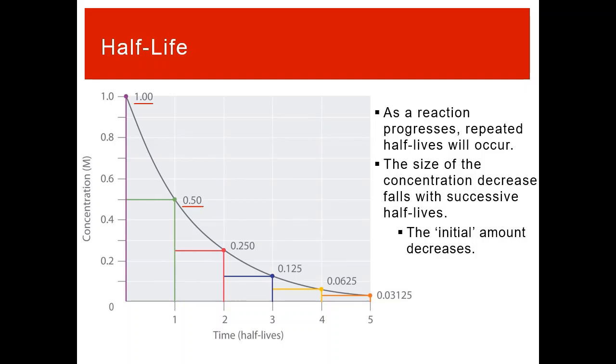Going from the first to the second half-life, you lose half of the 0.5 molar, giving you 0.25 molar. From there, we get to 0.125. The amount left keeps shrinking, and the initial amount is decreasing. So it's the relative change that is constant between half-lives.